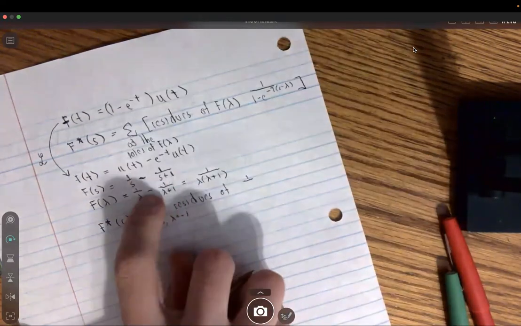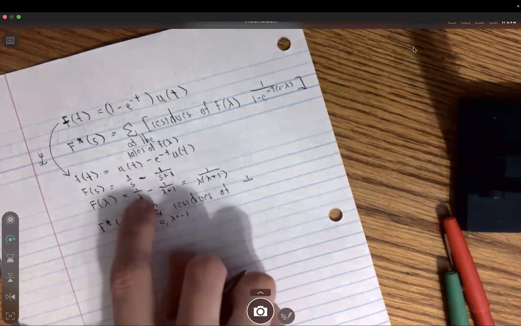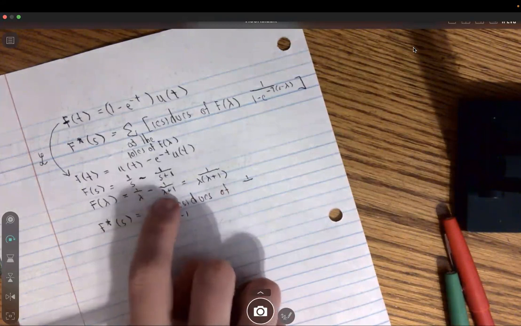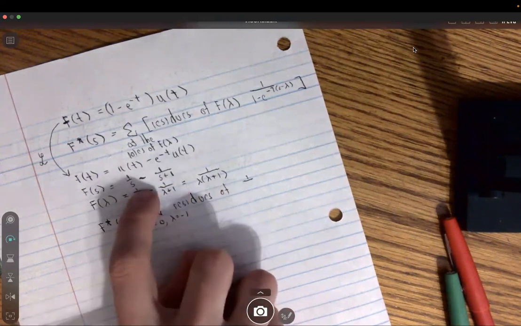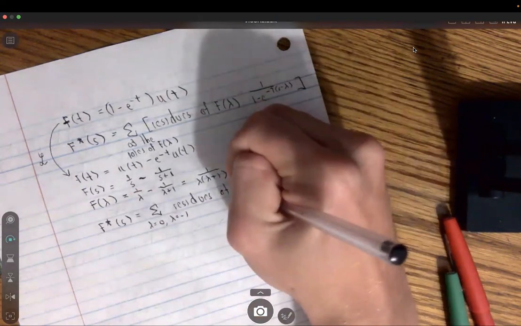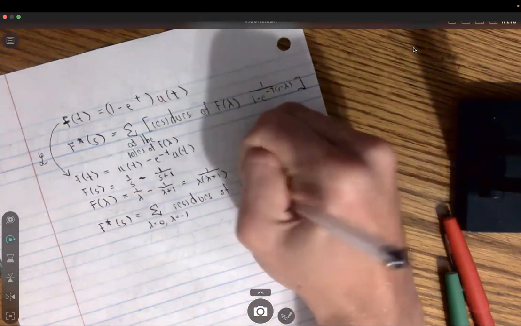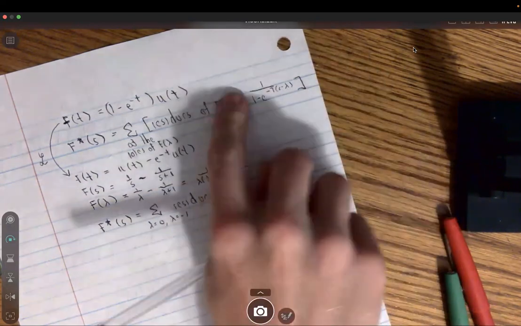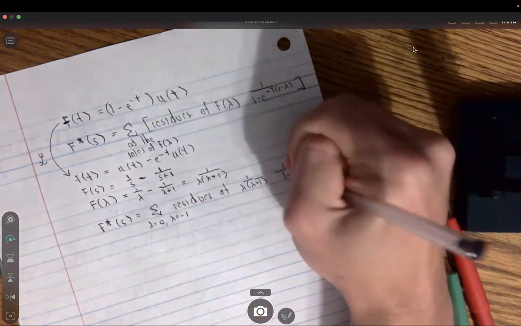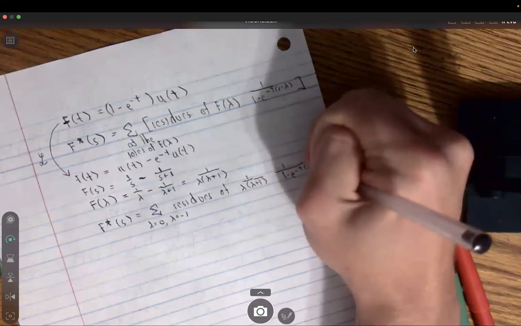If you just make this all one common denominator, so lambda over lambda plus 1, and then in the numerator here, you'd multiply it by lambda plus 1, and then here by lambda, so lambda plus 1 minus lambda would just be 1. And so this is your f lambda, just written with one common term in your denominator, and then you have to multiply it by 1 over 1 minus e to negative t s minus lambda.